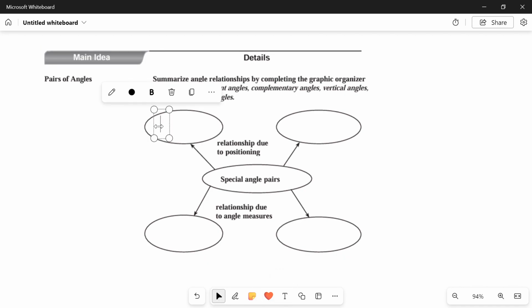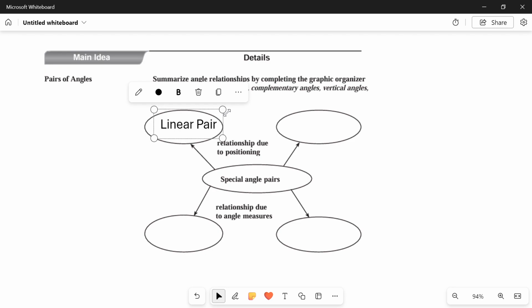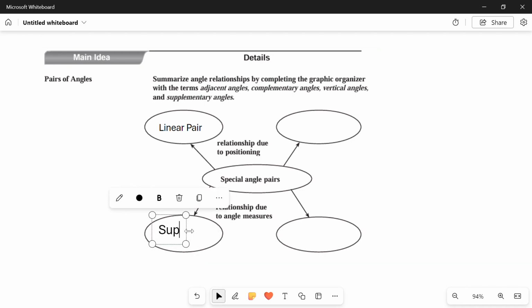One is when two angles are next to each other and they form a line, we call those a linear pair. Okay, they form a line. Another one, those linear pairs, when there are two angles that add up to 180 degrees, we call those supplementary.